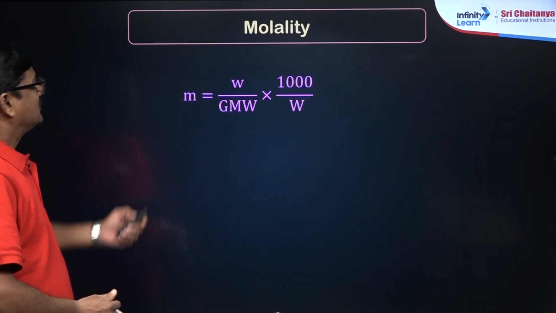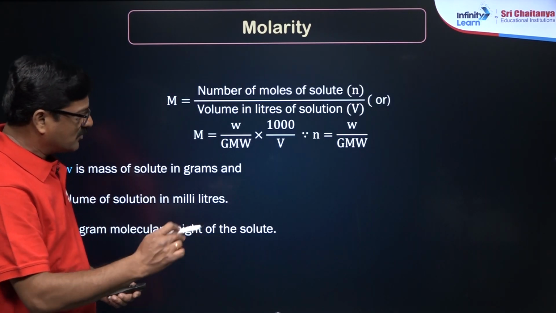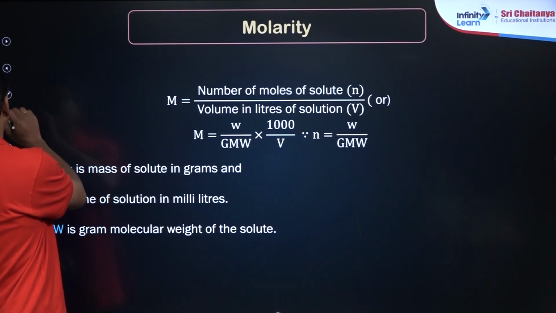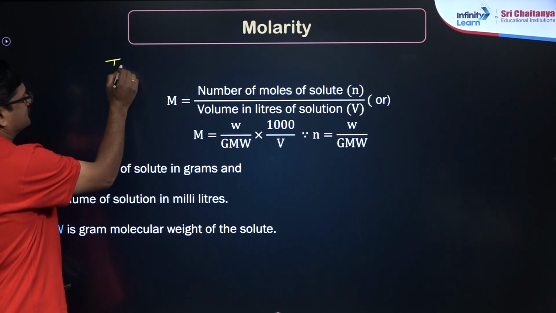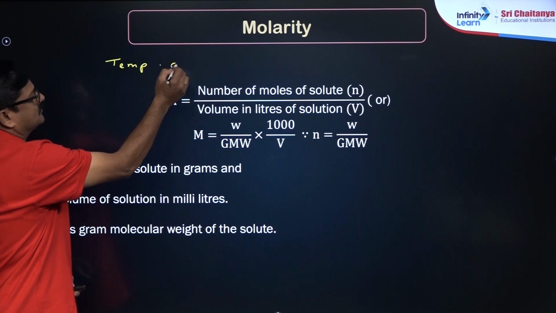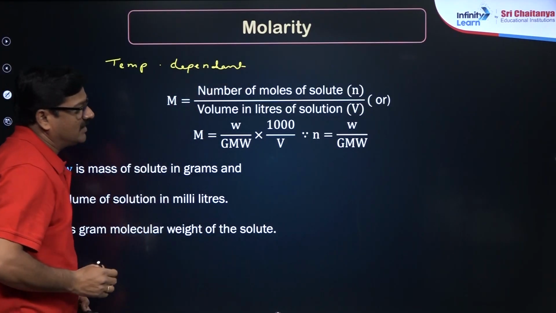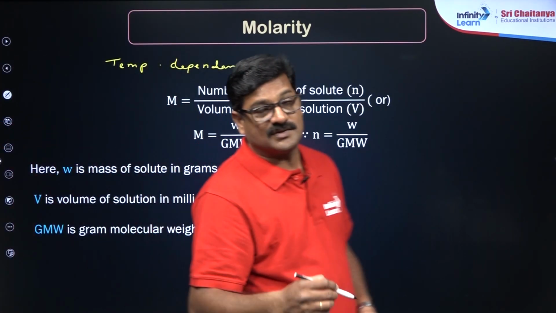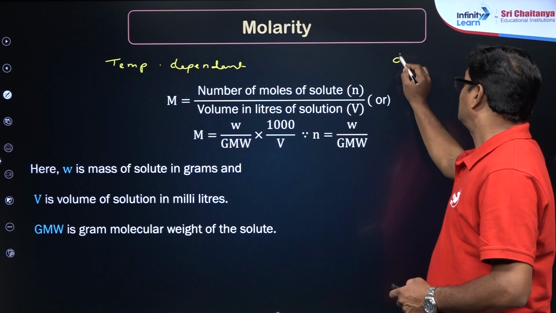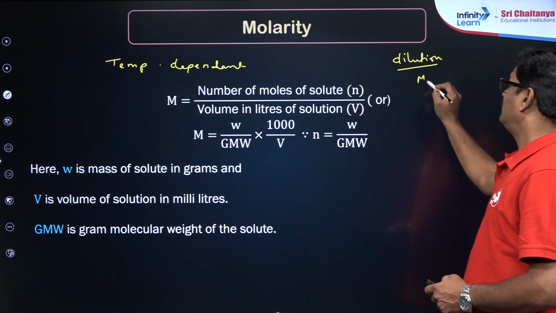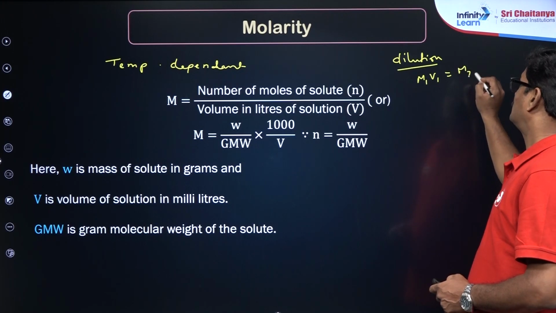And we can see the molality. Whereas molarity is temperature dependent. When the solution is diluted, it is M1 V1 is equal to M2 V2.